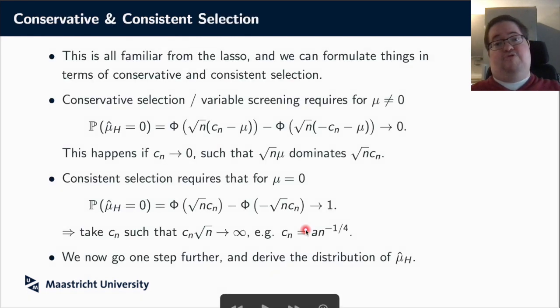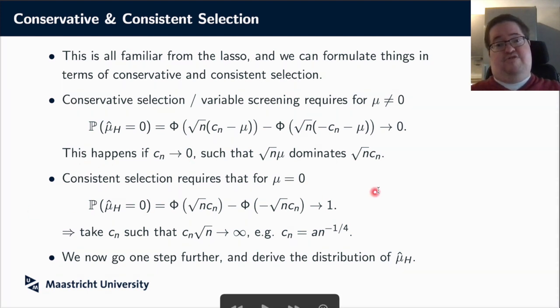Now, so far, nothing new, but this is really what we've done for the lasso. And we can even use the same terminology of conservative and consistent selection. For conservative selection, variable screening, we look at relevant variables, where here that translates to mu not equal to 0. In order to have that, we need that c_n goes to 0, or in lasso terminology, that lambda goes to 0.